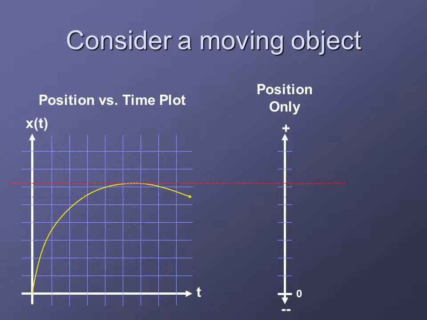And since it is a dependent variable, a variable which depends on time, it belongs on the vertical axis. And the independent variable, the variable which proceeds along without being affected by the dependent variable, belongs on the horizontal axis.